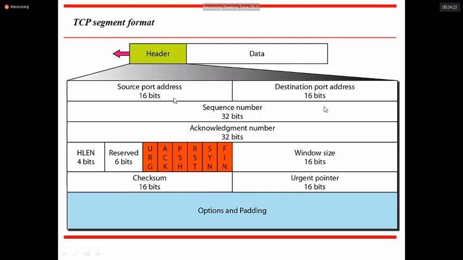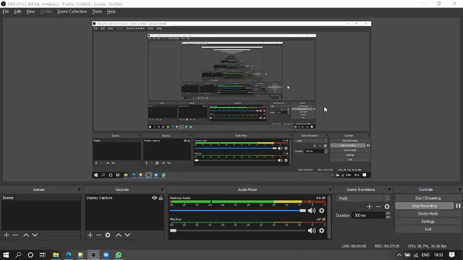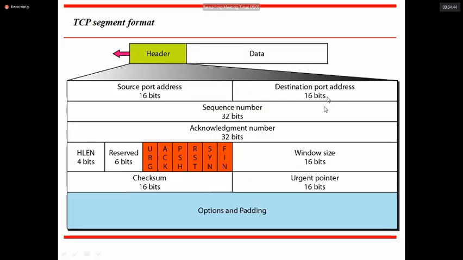This source port address is a 16-bit field, and it indicates the port number of the application program at the sender side. Similarly, I have a destination port address. Once again, this is also 16 bits, and it indicates the port address of the application program at the destination host.